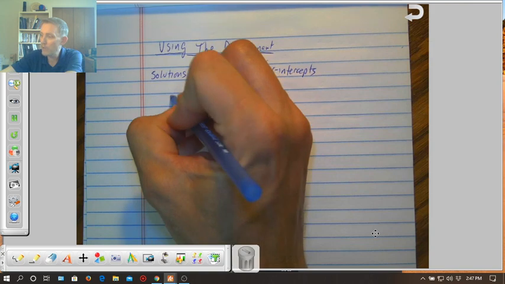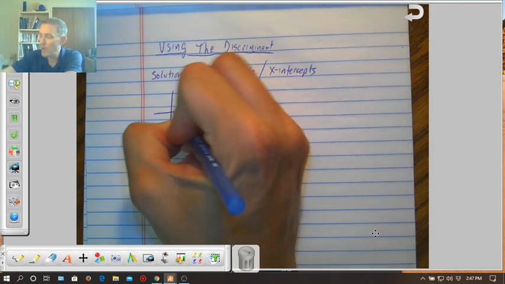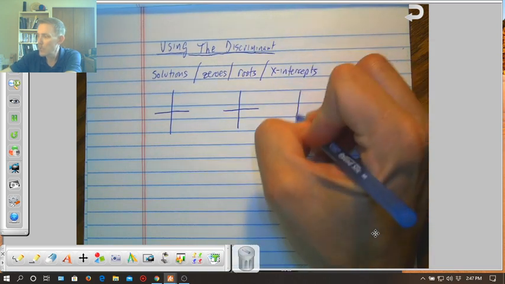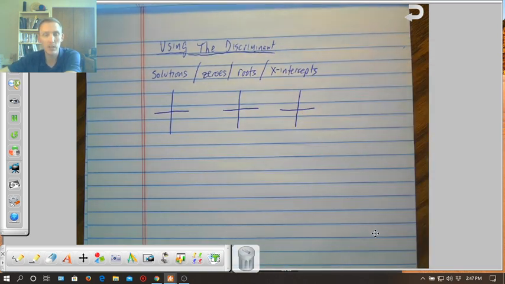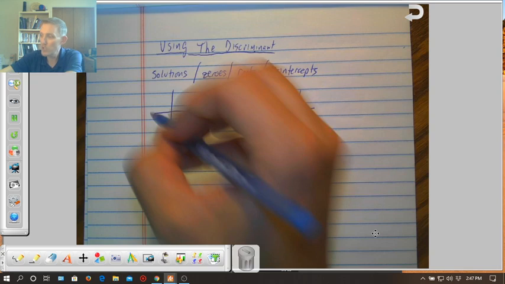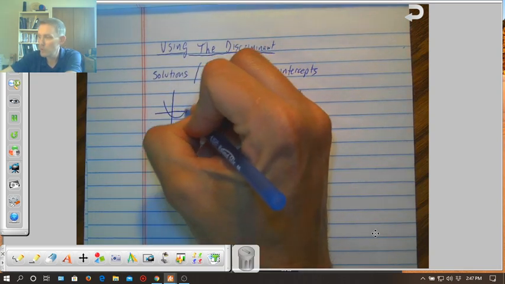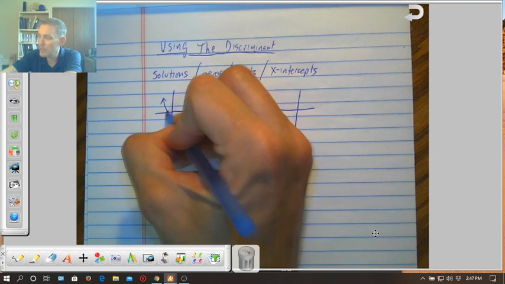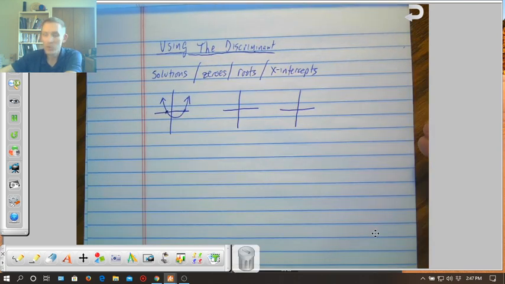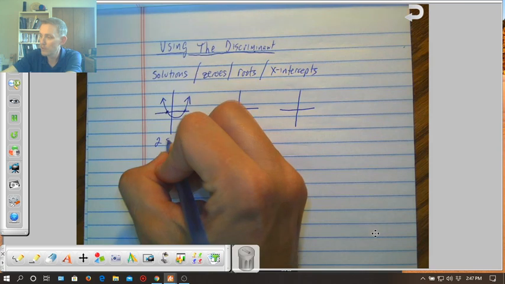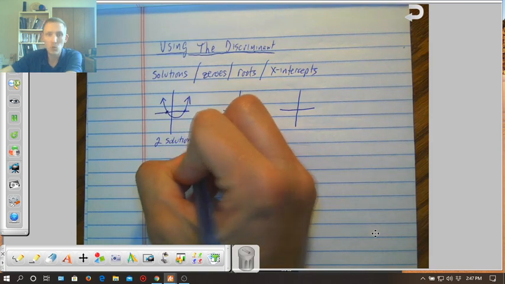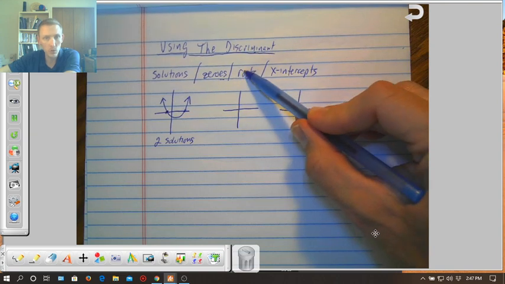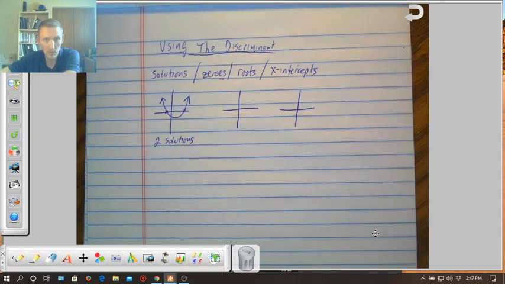So when we graphed these parabolas and we had our quadratics, there were three situations that would take place. Your traditional parabola would do this, and it would cross the x-axis here and here. So this one would have two solutions, or two zeros, or two roots, or two x-intercepts.